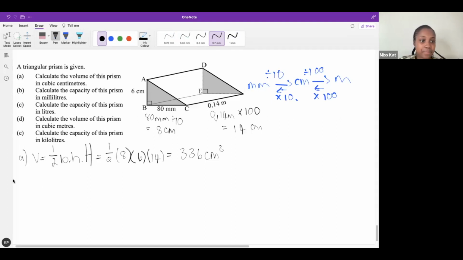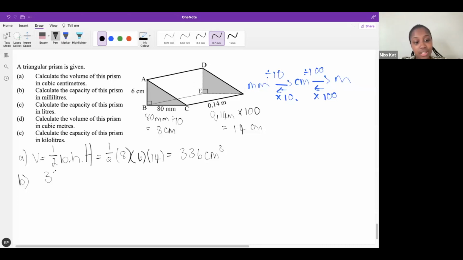You need to learn your conversions, okay? Okay, we've answered A. B, what is capacity again? Capacity, does anybody remember capacity? 1 milliliter is equal to how many centimeters cubed? Yes, Setabile.